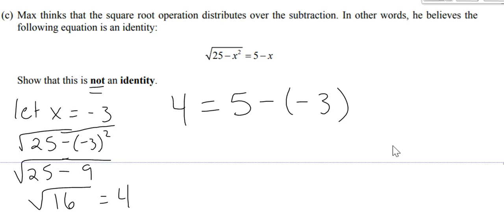Well, remember, two negatives make a positive. So I get 5 plus 3, which gives me 8. And that's not possible. So it's not an identity.